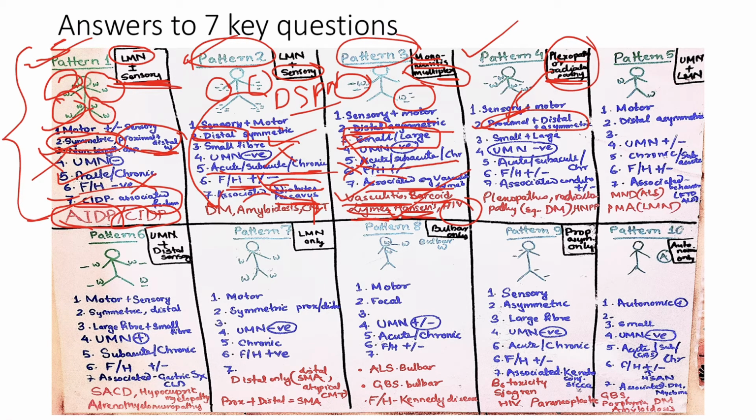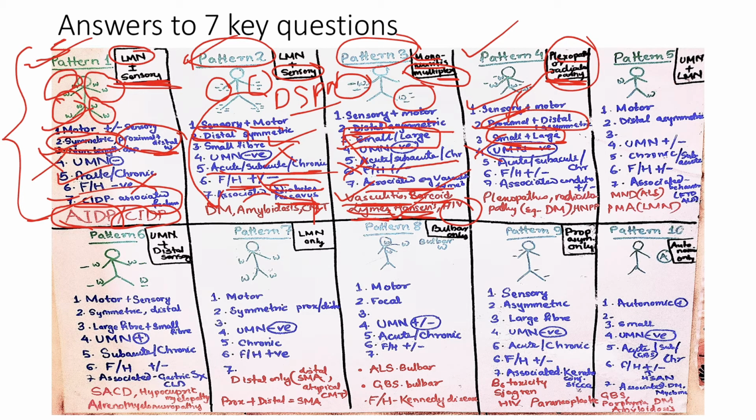And definitely, because the radicle contains both sensory and motor roots, it will be not only the selective involvement of the ventral roots. If you look at the type of this neuropathy, that will be sensory neuropathy, both small and large fibers, because the radicles are affected, and there will definitely be no UMN signs.